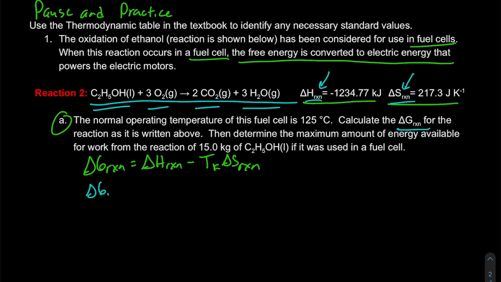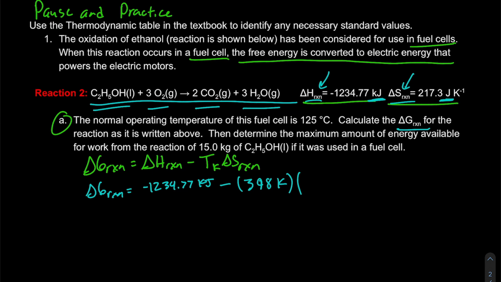So our delta G for the reaction is going to be our delta H, negative 1,234.77 kilojoules, minus the temperature we're at, 125 degrees Celsius, or 398 Kelvin, times our delta S. Again, we notice here delta S is in joules, our delta H is in kilojoules, so we want to make sure those match up.